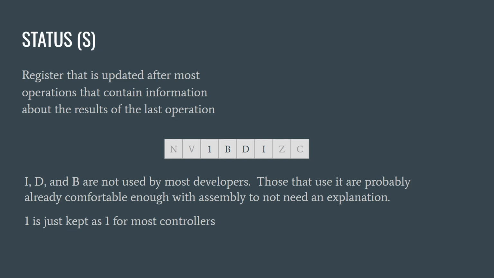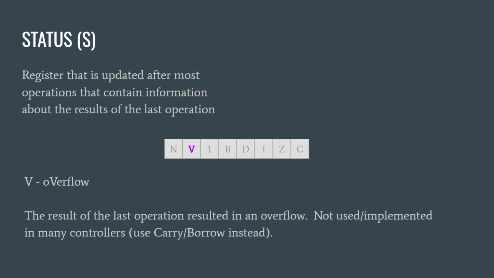Most people interacting with those types of operations on the CPU are probably already comfortable with assembly programming enough that they don't need me to cover it. So we're going to skip that. And the 1 is just always set to 1 in most 6502 implementations.